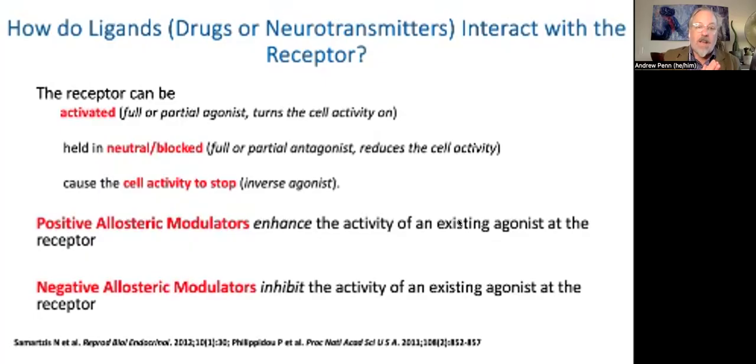So this would be an antagonist. And we might think about this as like, when you put those little plastic covers over your electrical outlets when you have small children in the house, it's not turning off the electricity, but it's preventing anything from connecting with that receptor. So that would be an antagonist. Or we can get that receptor activity to stop altogether. And this would be an inverse agonist.